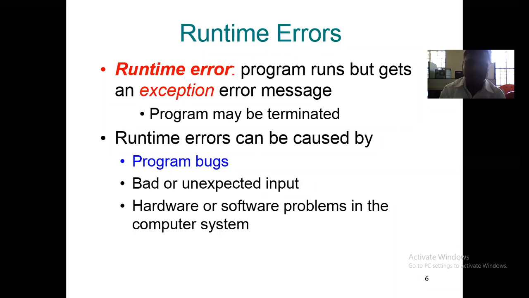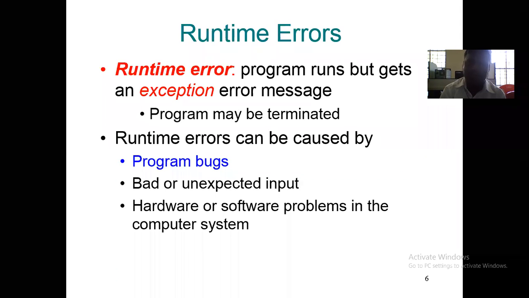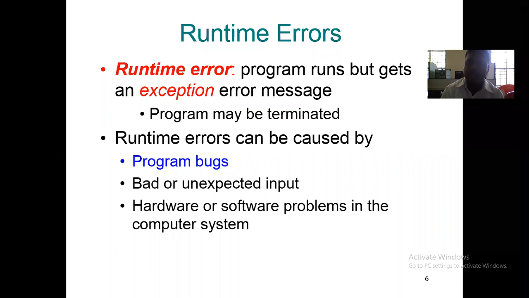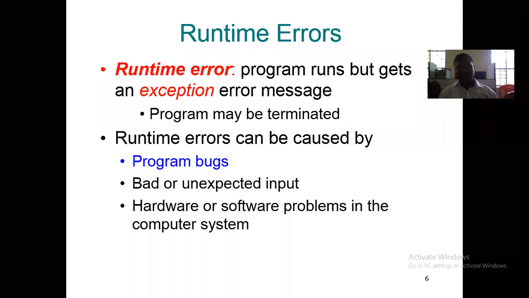Runtime errors can be caused by program bugs, meaning bad or unexpected inputs. For example, if we are asked to enter two integer numbers and instead provide strings or characters, obviously it gives errors.